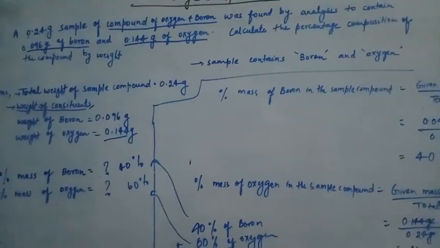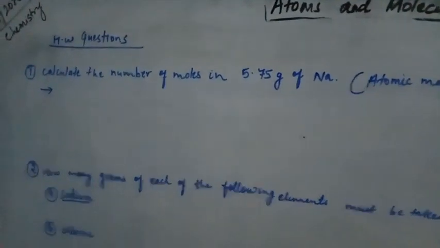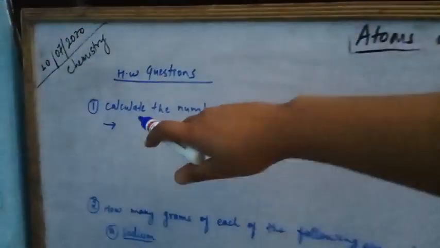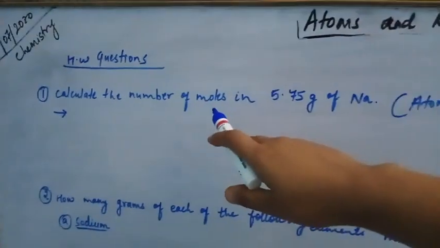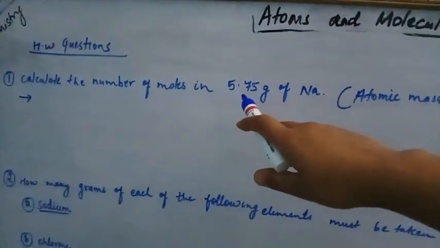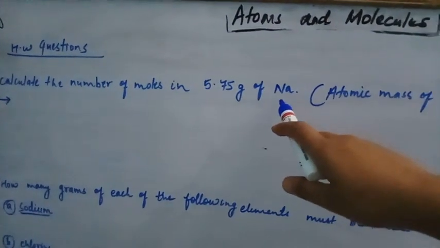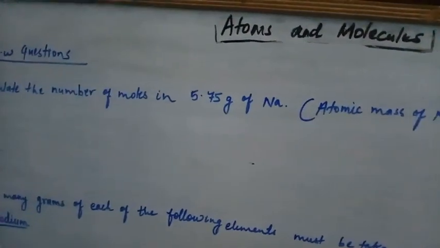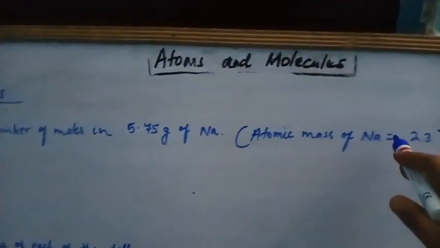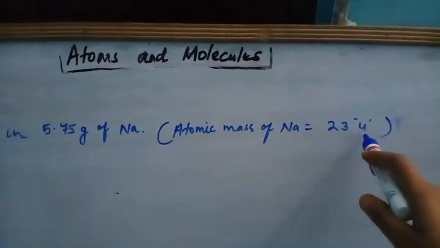Now we'll discuss the homework questions. First is: calculate the number of moles in 5.75 gram of sodium atom. Atomic mass of sodium is already given, it is 23 u.